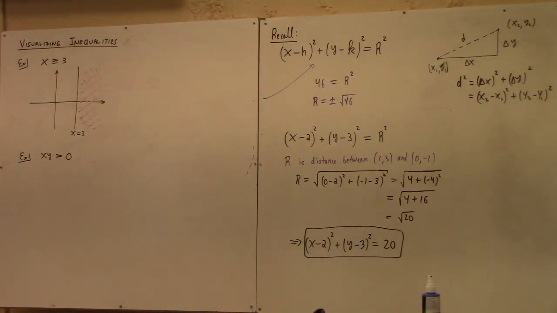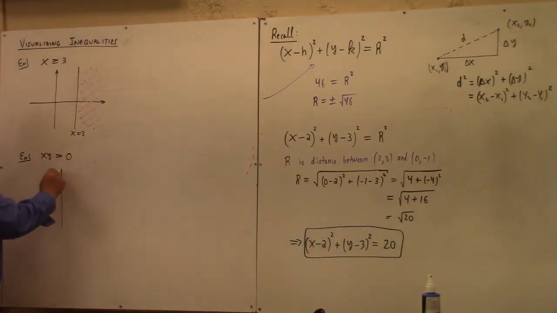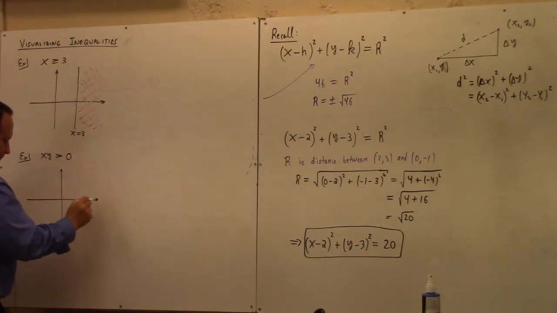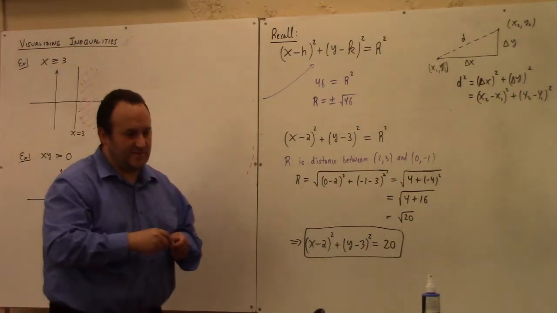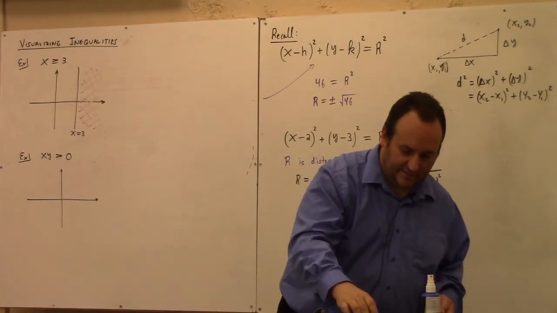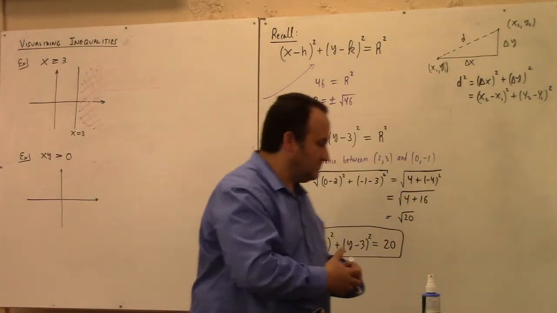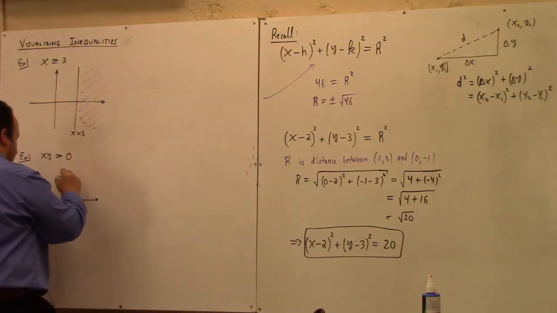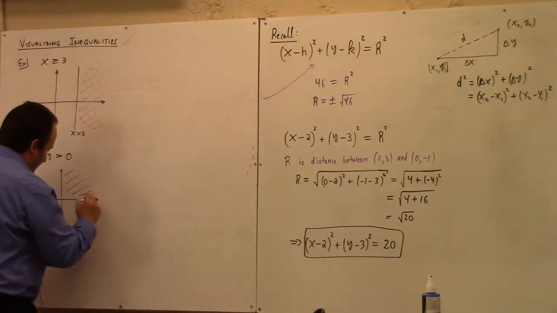Either they're both positive, right, or they're both negative. So that's like quadrant 1 or quadrant 3. And the axes are not included, right? So it's like up here or down here.